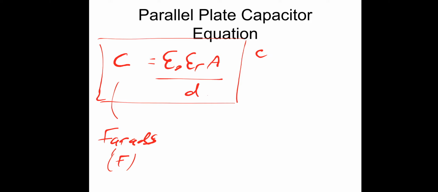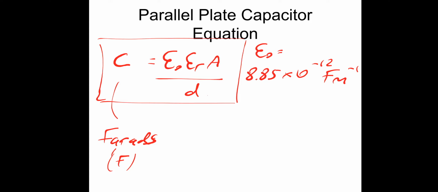Epsilon naught, the number is 8.85 times 10 to the minus 12, and its unit is farads per meter. Now epsilon naught is the permittivity of free space, and it is an ideal physical constant that represents the absolute dielectric permittivity of a vacuum.